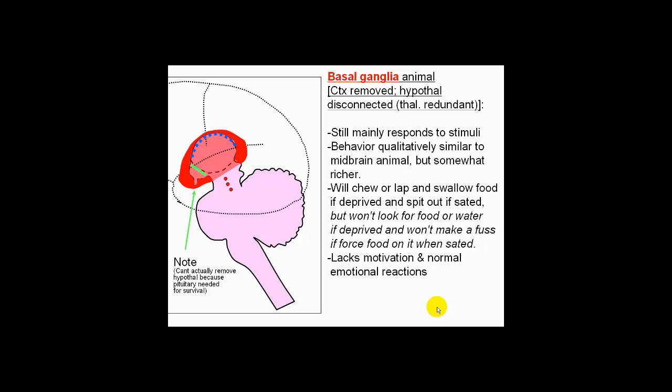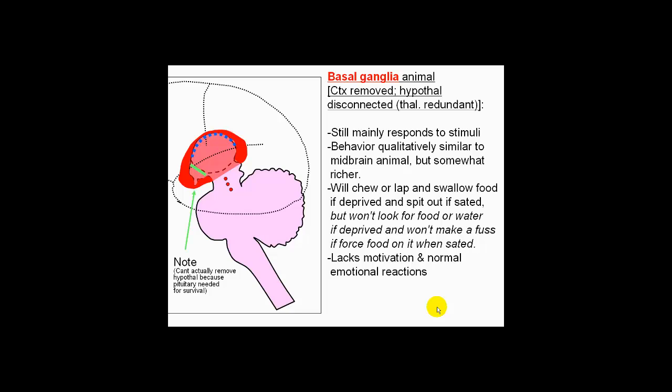If you don't do that, the animal doesn't make it. So it's still there, but it's not neurally connected to the rest of the brain. Sorry, I didn't say that quite right. We cut this, and so the pituitary is still connected to the hypothalamus and still can secrete things. But the hypothalamus is not connected to the rest of the brain.